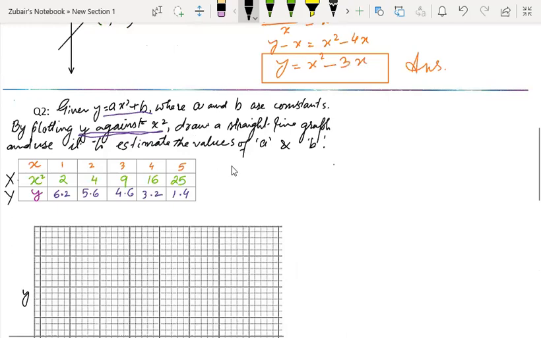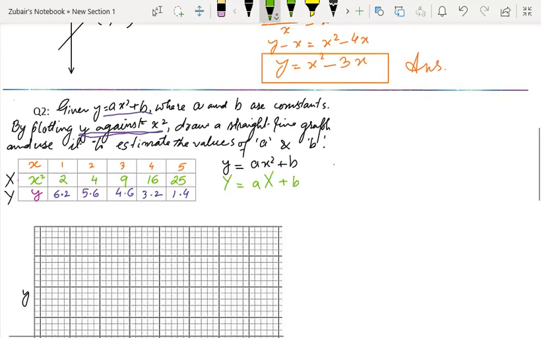That was y is equal to ax square plus b. So basically this has become capital Y is equal to aX plus b.